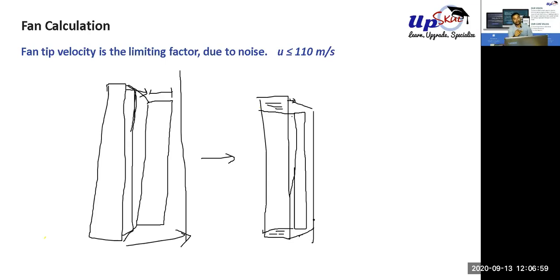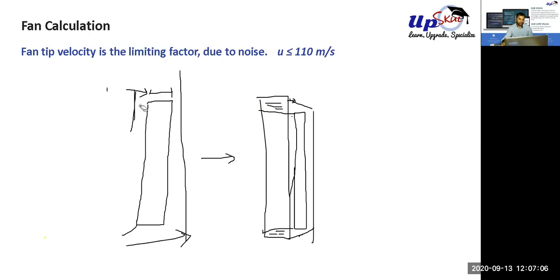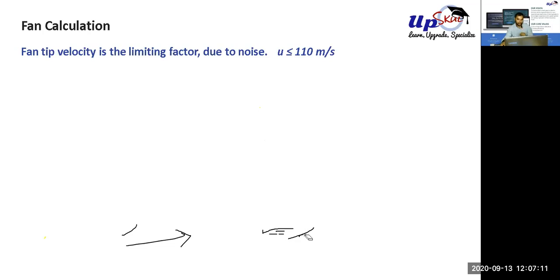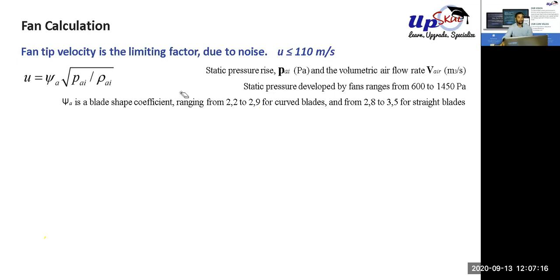We'll look at them on the radiator part, but yes, the limiting factor for fans is the rotational speed. So with that limiting factor, we back calculate the fan size, and then we match it with the radiator. So the tip speed is actually this psi into the pressure rise of the air, and the density rise of the air throughout the fan, before and after.